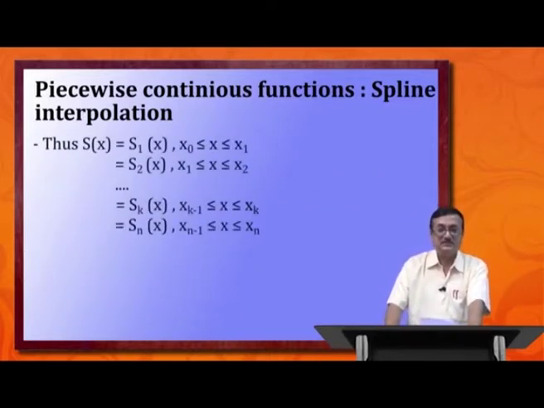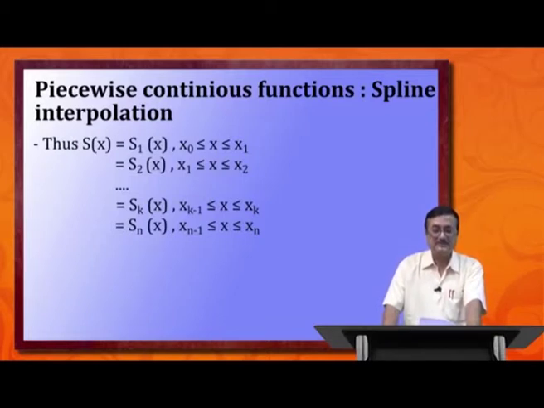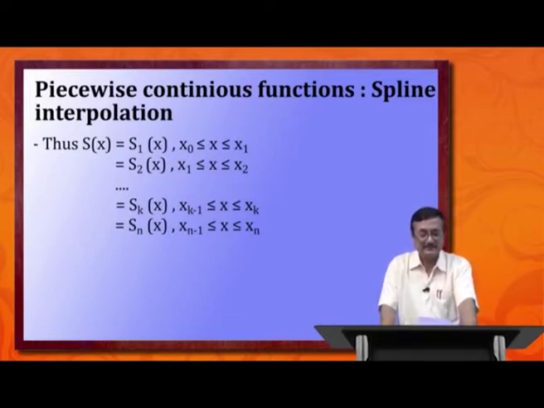Thus, S(x) is equal to S1(x) in the region x0 to x1, is equal to S2(x) in the region x1 to x2, is equal to Sk(x) in the subinterval x_{k-1} to x_k, and is equal to Sn(x) in the subinterval x_{n-1} to x_n.